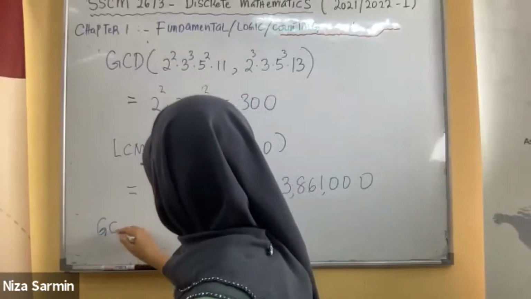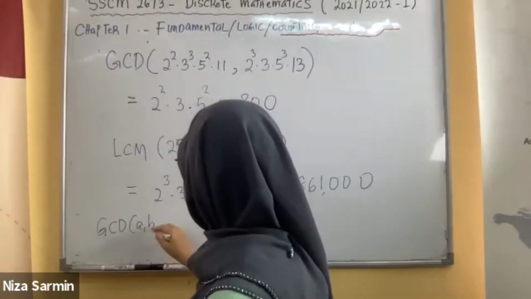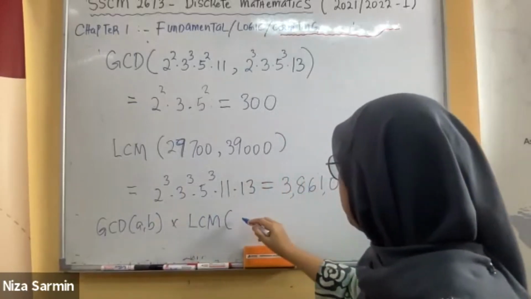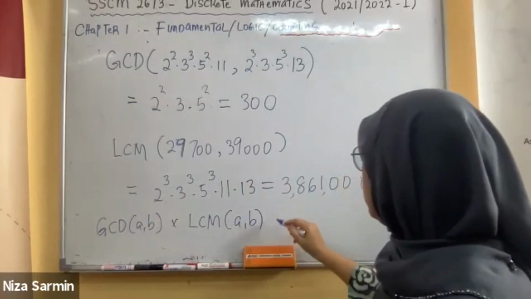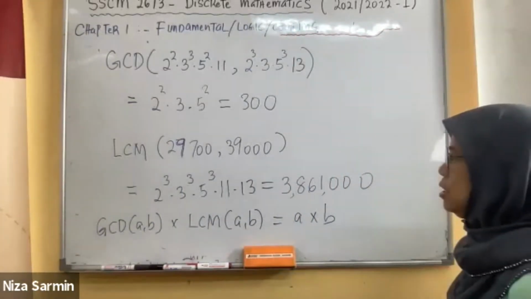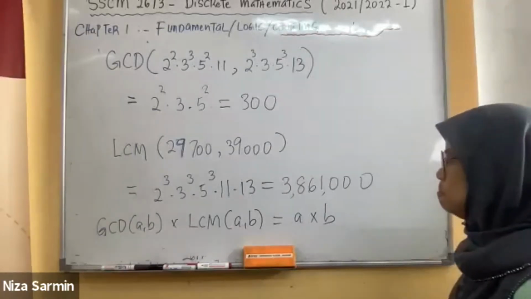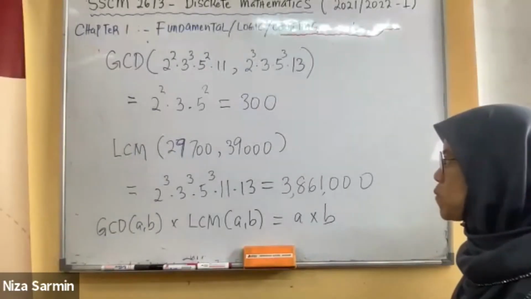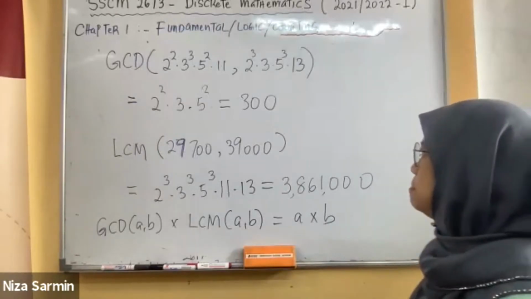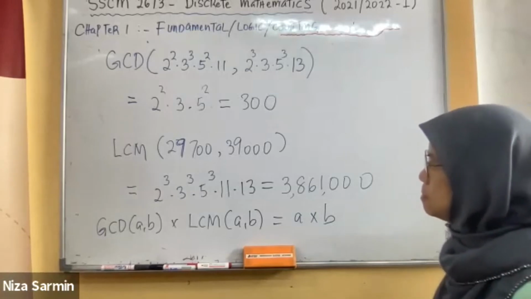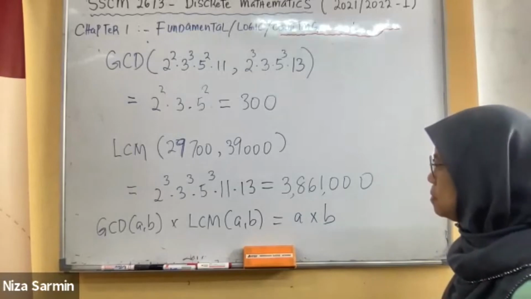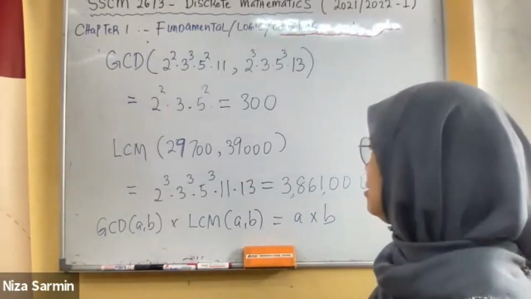This is very useful. GCD(A, B) times LCM(A, B) is actually equal to A cross B. You can see, right?